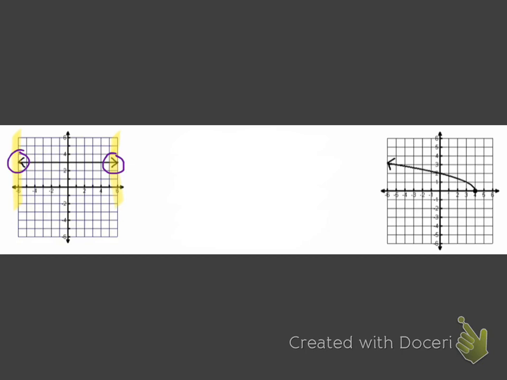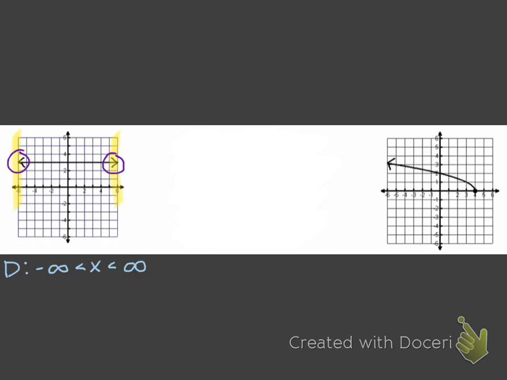If we were to zoom out of this graph, our arrows would continue on forever, which means that the domain for this guy is going to be that all real numbers concept. We're going to go from negative infinity, since our arrows will take us all the way down in the negative direction forever, which is less than x, which is less than positive infinity, since our right arrow takes us positively forever.